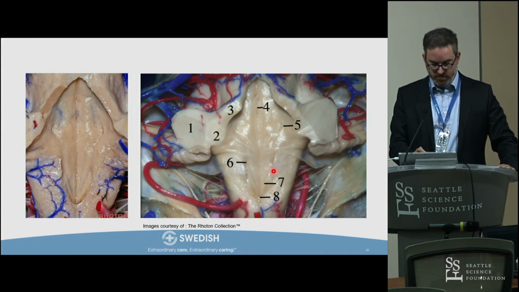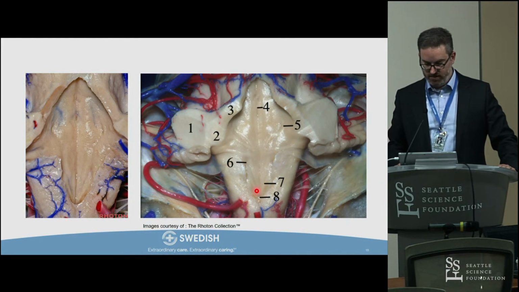Okay, so just superior and medial to that is going to be your vagal trigone, right? And then you mentioned the infraclavicular triangle. Well, your colliculus is really up here, okay? And then 4 is your median sulcus.